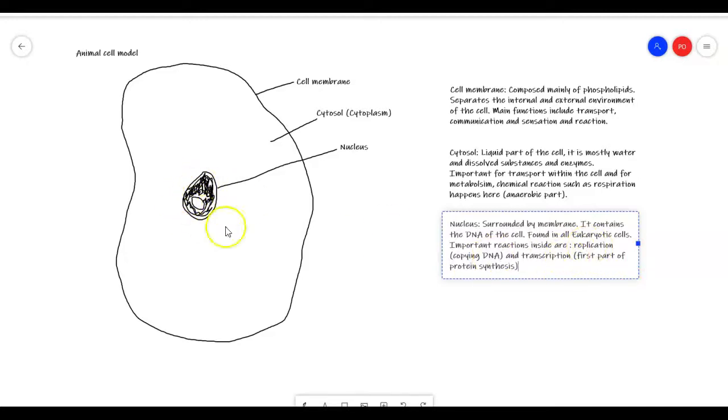The main job of the nucleus is to make a special molecule called mRNA that, outside in the cytosol, is important for creating proteins. But it also has a chemical reaction inside called replication.